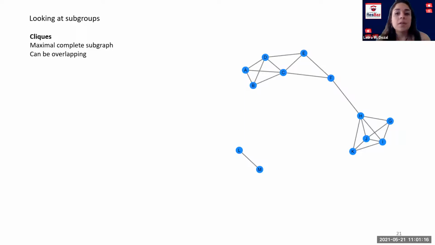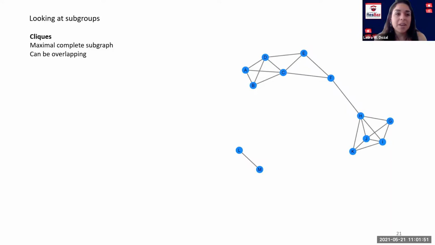So when we talk about splitting groups or subgroups, at its basic form we want to look at what are called cliques. I've heard it being called cliques also. In my head, cliques sounds a little funny, but it has been called cliques.